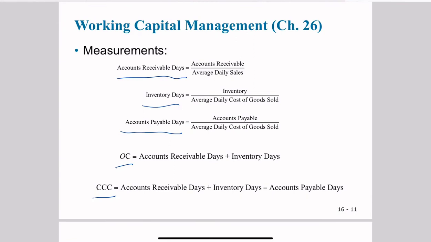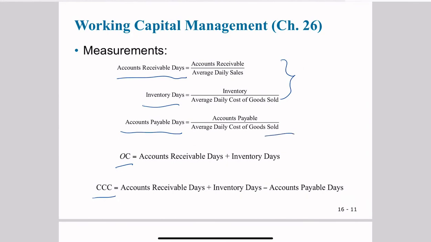So basically you can see that these days and cycles are efficiency measures. For accounts receivable days and inventory days, generally you want these days to be small, right? Because that means you're operating your working capital more efficiently.